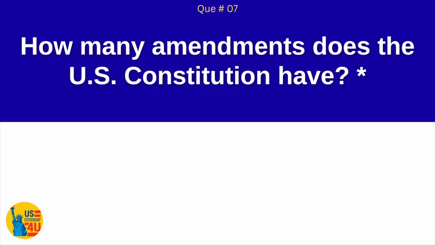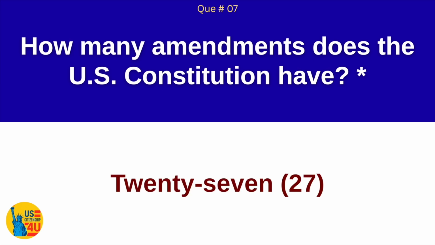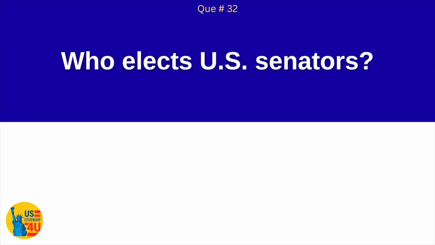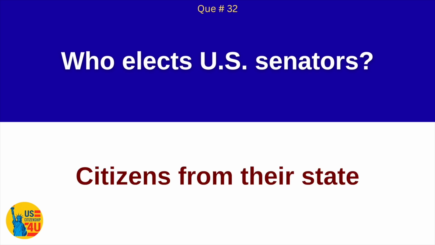How many amendments does the U.S. Constitution have? 27. Who elects U.S. senators? Citizens from their state.